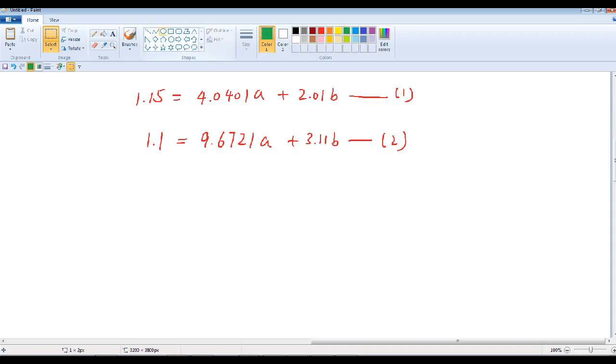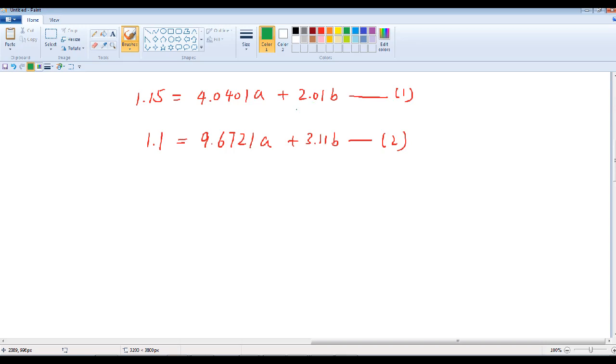When you try to get rid of an unknown first, pick the easier one. You see that the number in front of b is a lot easier than the number in front of a. So I'm going to cancel b. How could we cancel b? You need to make the number in front of b the same.